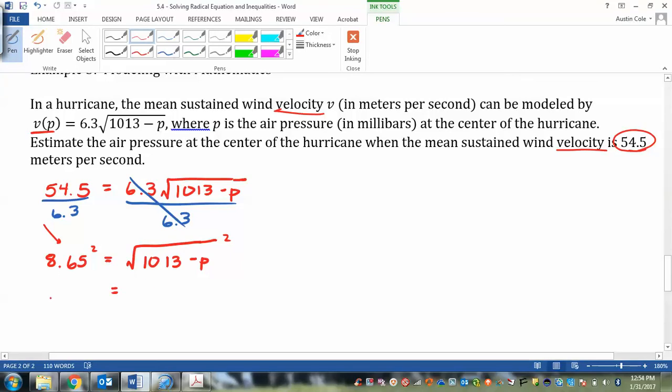Now I'm okay with you rounding that. So now I get 1013 minus p. What do we get here? 0.84.